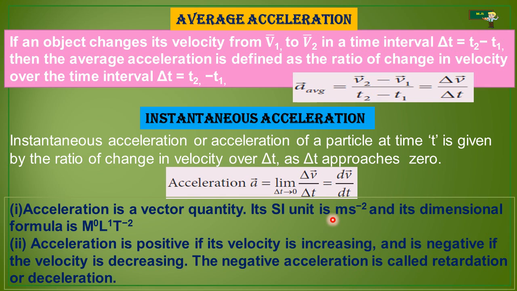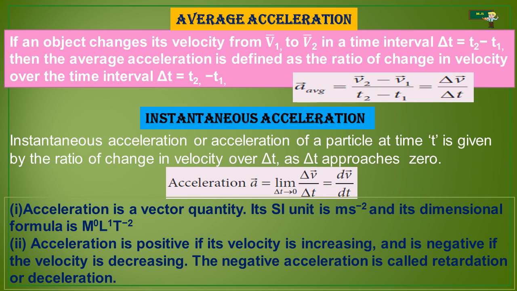As del t approaches 0, the acceleration a vector is equal to limit del t to 0 of del v vector divided by del t, which is dv vector divided by dt.